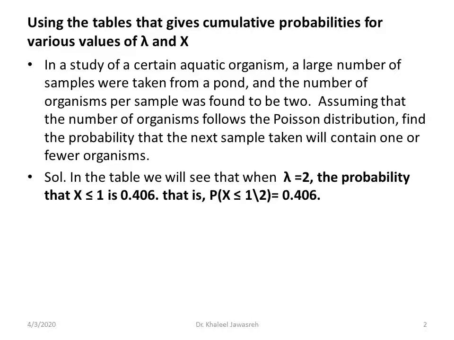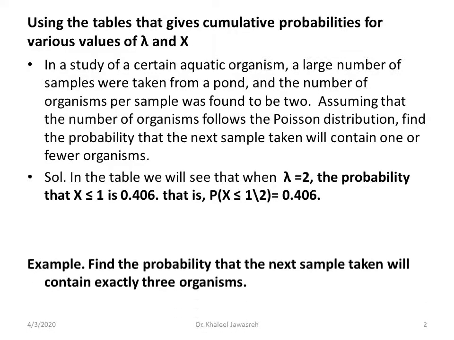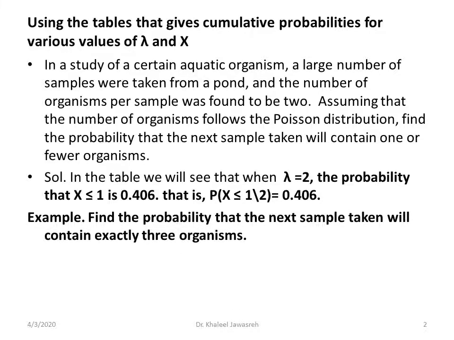It's the Poisson distribution table, with lambda and x. In the textbook that I have already uploaded in the e-learning system, you need to return to those tables, and you can find lambda equal to 2, and these values can be obtained from those tables. Another example: find the probability that the next sample taken will contain exactly 3 organisms.